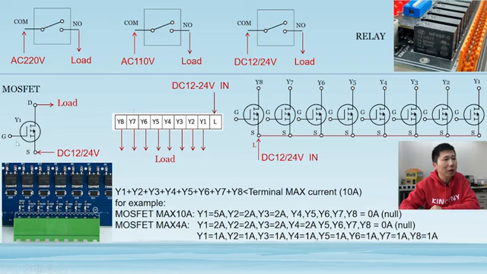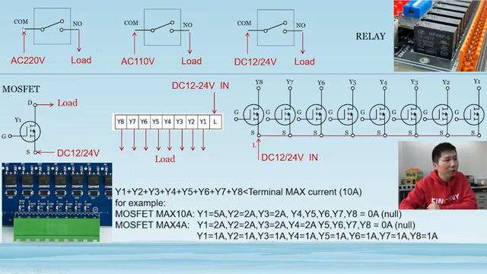Let's look at these two cases. The first is the relay. You can see maybe some relays on your PCB board. And the relay is very easy. Maybe it has a COM, normal open and normal close. And the simplest way is to just use COM and normal open, so that we can control this load on and off.